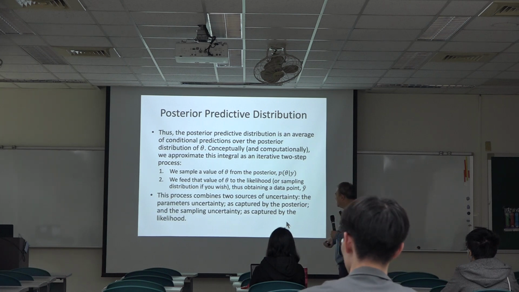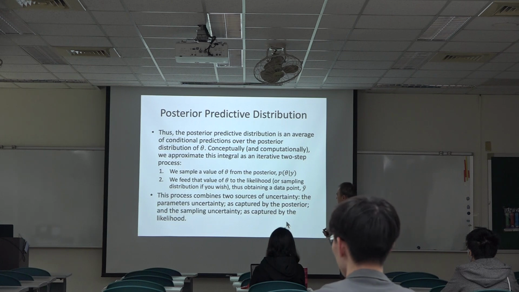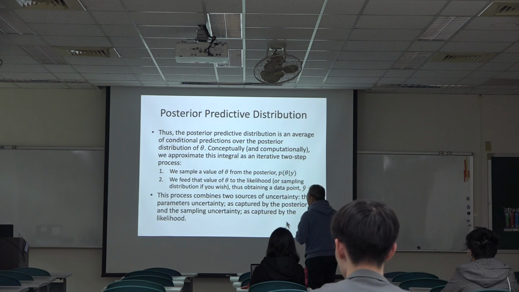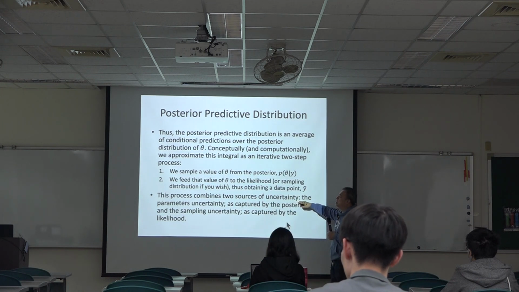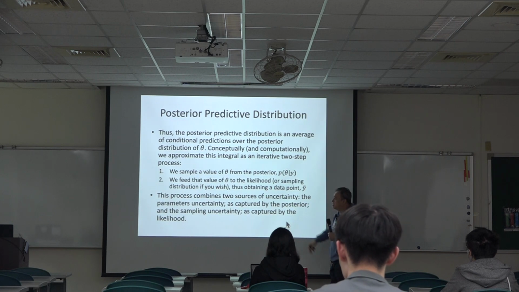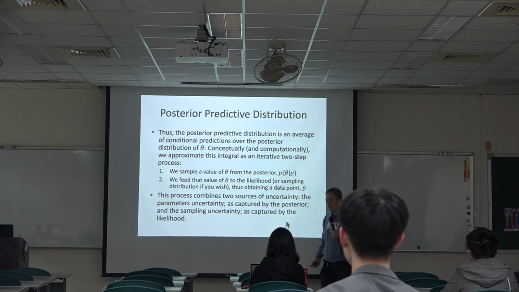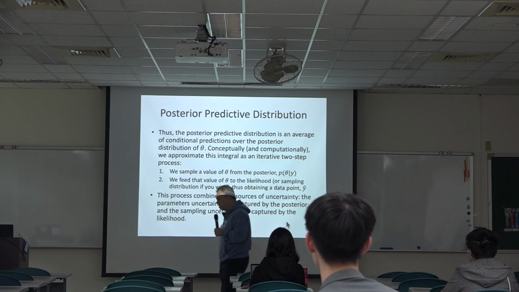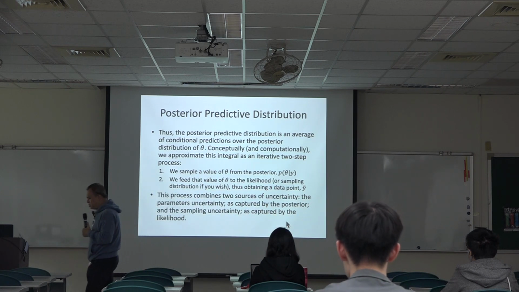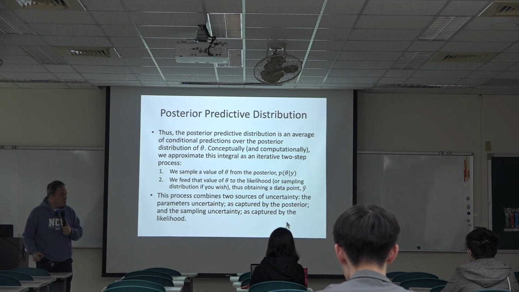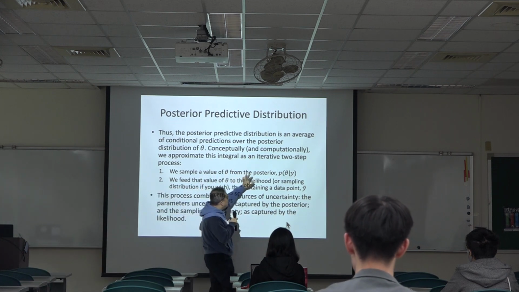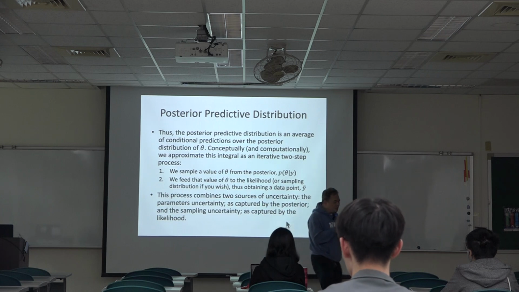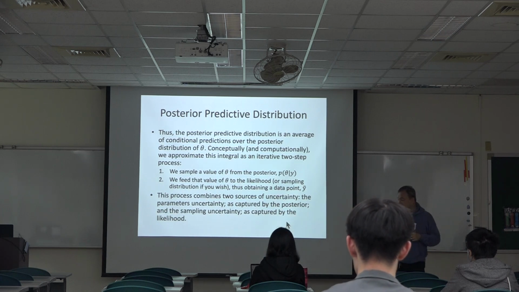Through this two-step process, there are two uncertainties. The first one is the parameter uncertainty, which comes from the posterior distribution, because you sample a value from your posterior distribution, so that part has uncertainty.